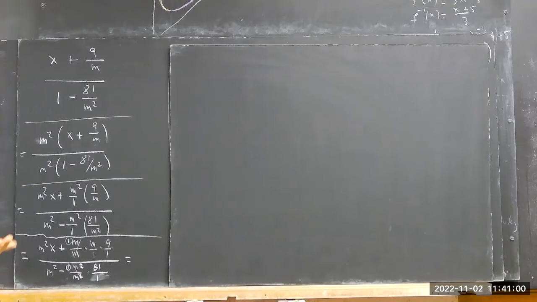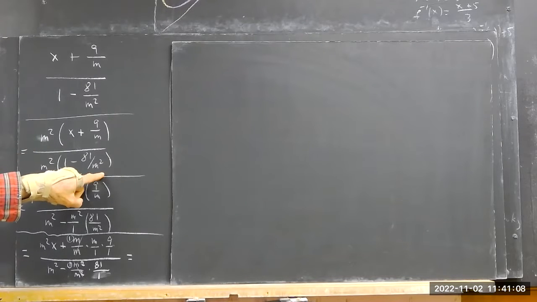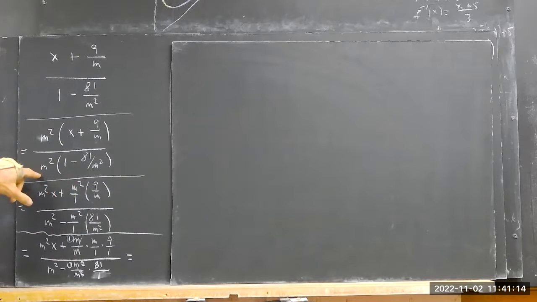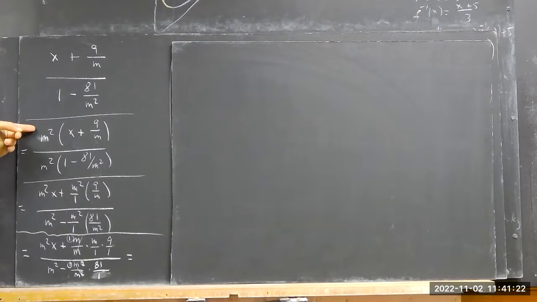So the bottom line is you got to do the same thing here that you use here. You need more down here to get rid of the m squared. But to clear the denominator here, you're not really getting rid of it. Clear the denominator. And if you need an m squared down here, then you got to use it up here. That help?